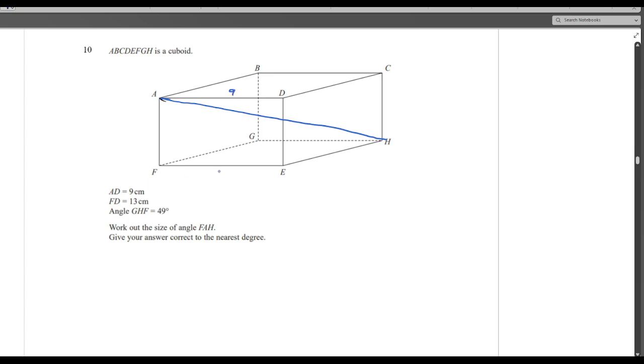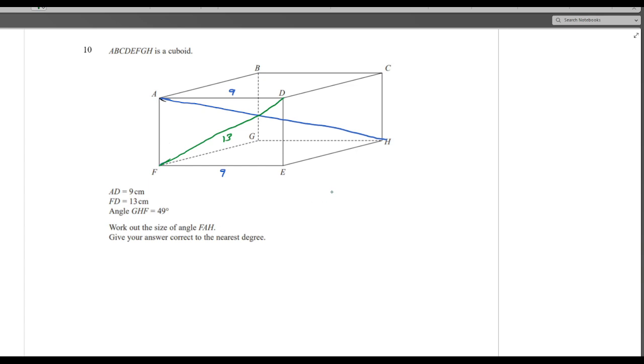So FE will also be 9. FD is given as 13. So using FD we can find out AF.